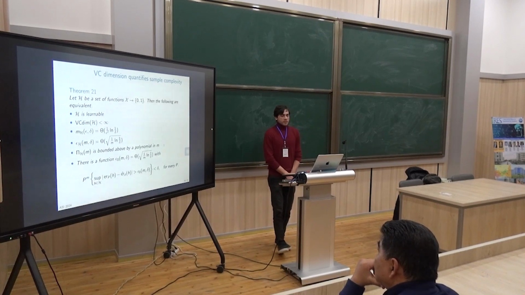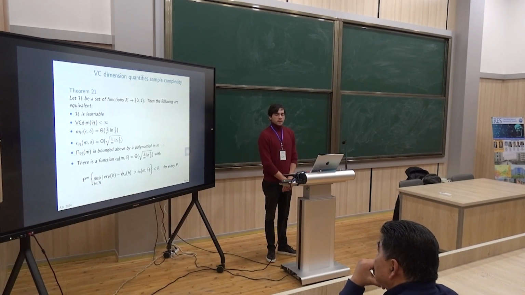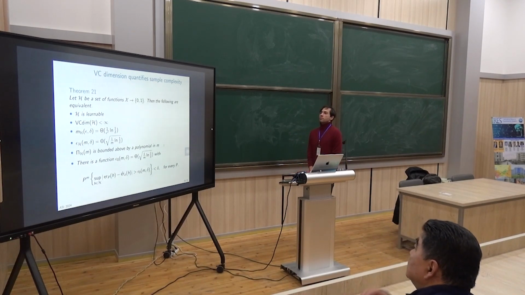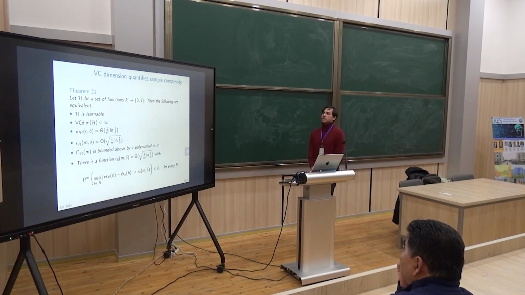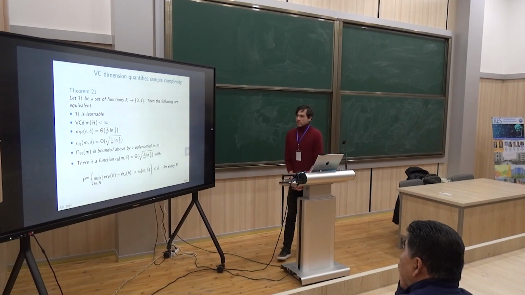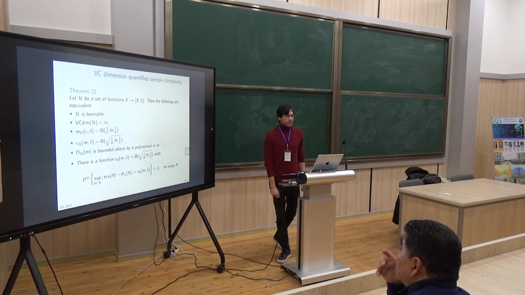Next, a summary in here is just to tell you there are multiple equivalent ways of formulating this. First is to say we selected a hypothesis class, let's say a neural network, and this is learnable. This is equivalent to stating that the VC dimension of the hypothesis class is finite.